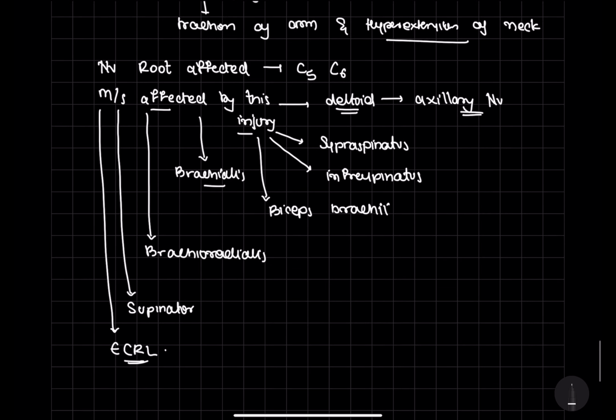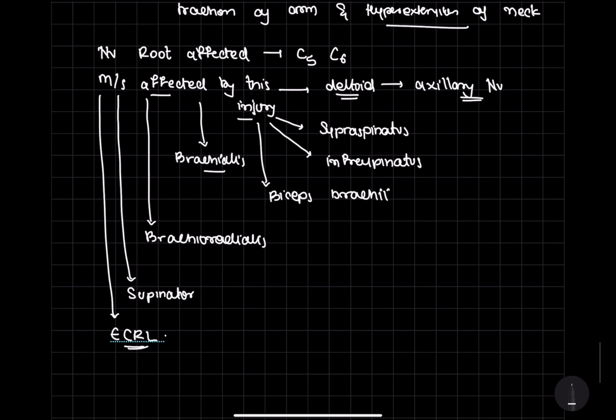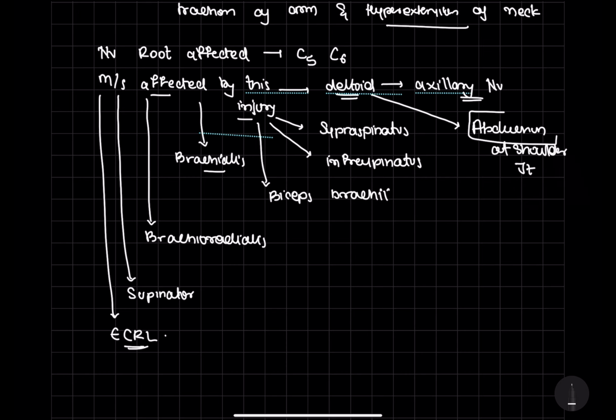Now, why do you have to learn about the muscles that are affected by this injury? Because of the movements associated with these muscles. For example, the deltoid used to do abduction for you at the shoulder joint. But now as your deltoid is gone, this abduction is not possible at your shoulder joint.